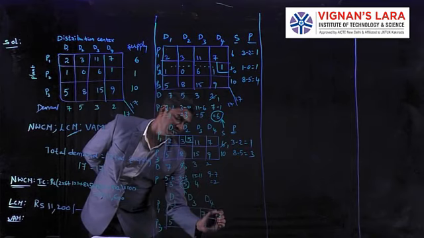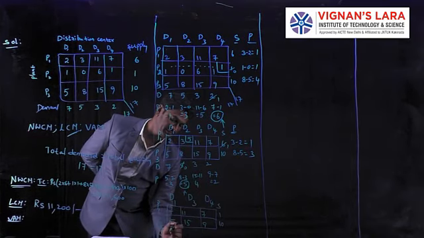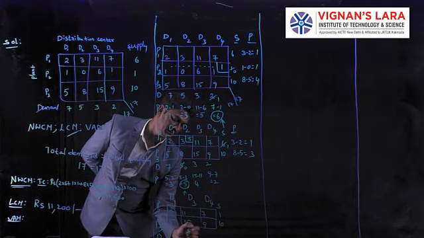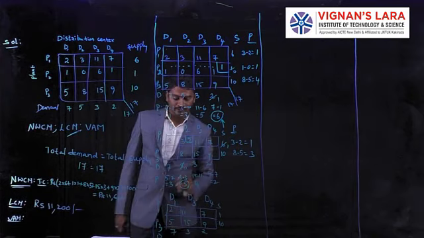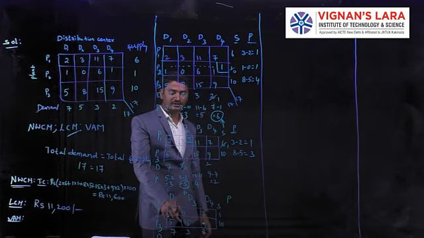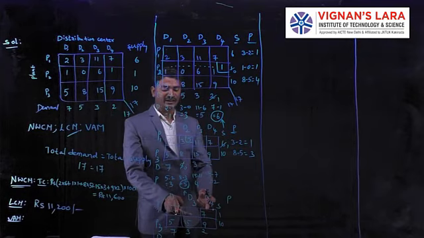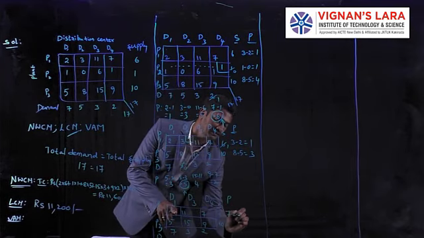The supply is 1 and 10. The demand is 7, 3, 2. Again we calculate the penalties. We identify the least value: 2, and the next least is 7. 7 minus 2 gives a penalty of 5.